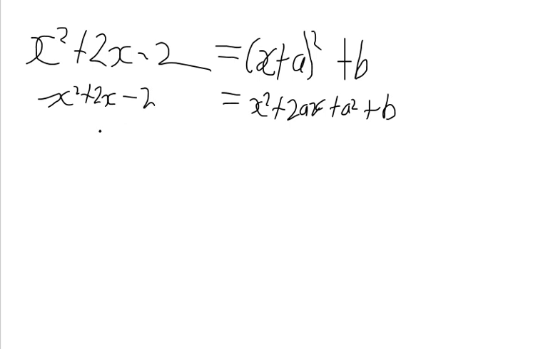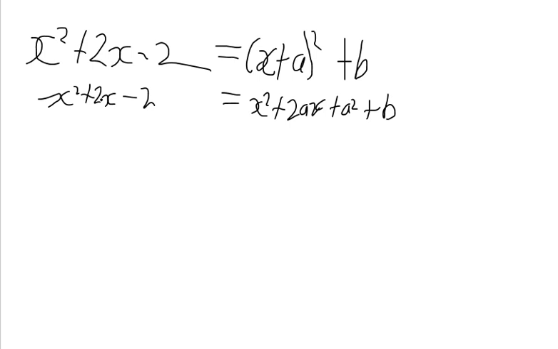Right, so now we would like to solve for our unknowns. What we are going to do here is take the coefficients of our variables. For x squared we've got 1, so we're not going to take anything from that one. But here we see that the coefficient of x is 2, and on the right hand side the term that carries x is this one, and its coefficient is 2a.